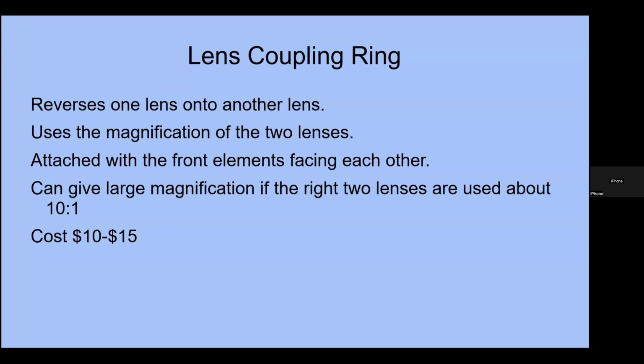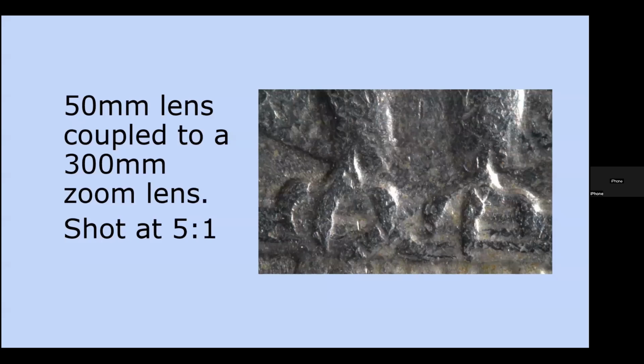And you don't lose any quality? No. This is 5-to-1 with the 50 millimeter lens screwed to the front of the 300 millimeter lens. So it's not bad. You can see all the little marks and scratches and everything in there.